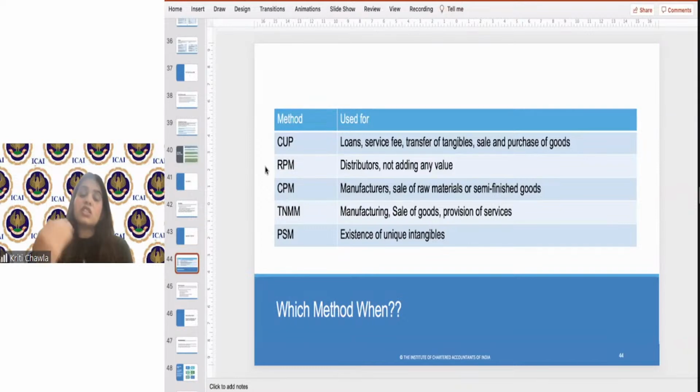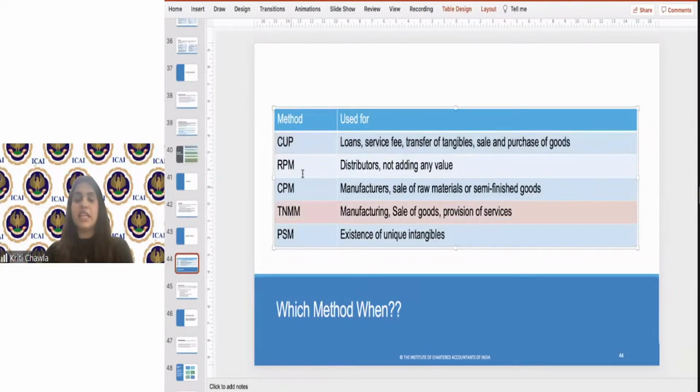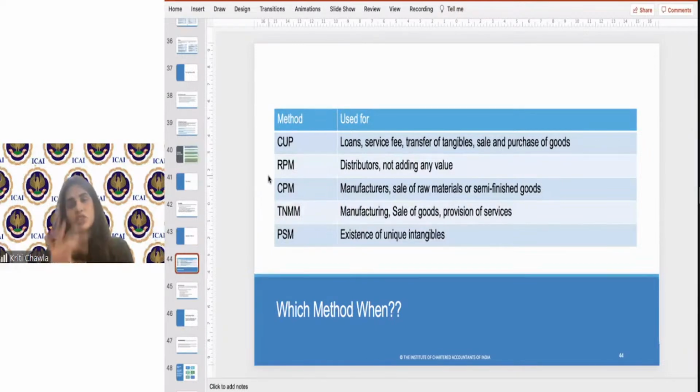If the question talks about CUP, that independent parties are dealing in this transaction at this particular price, then you know that you need to use CUP. If the question has given you information to calculate the net profit, then you know that you need to use the TNMM method. So it depends on the questions. It depends on what information is available, not just in questions, but in practical scenarios also.